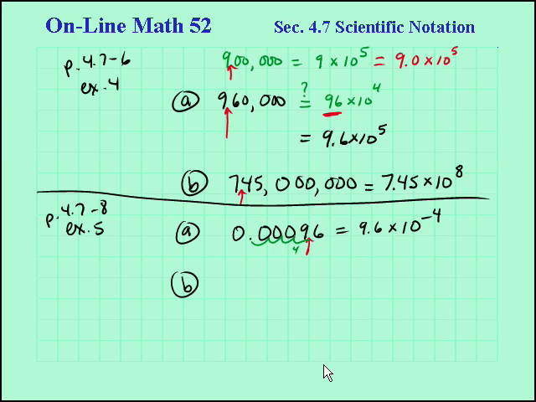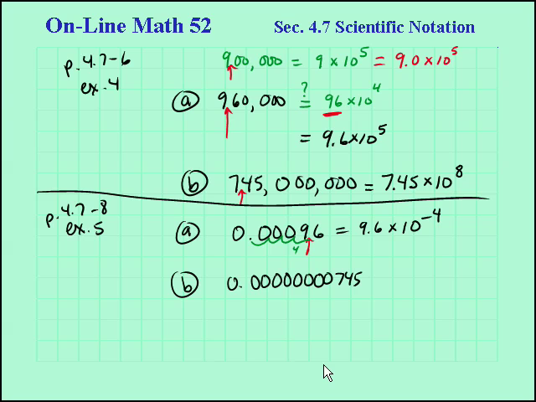What's the next example here? Wow. Excuse me, I have to count up some zeros here. 1, 2, 3, 4, 5, 6. That's kind of hard to count. Just a moment. 1, 2, 3, 4, 5, 6, 7, 8, and then 7, 4, 5. So 0 point, 1, 2, 3, 4, 5, 6, 7, 8, 7, 4, 5.